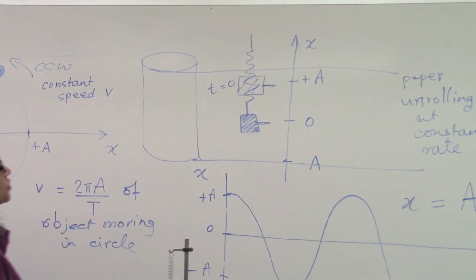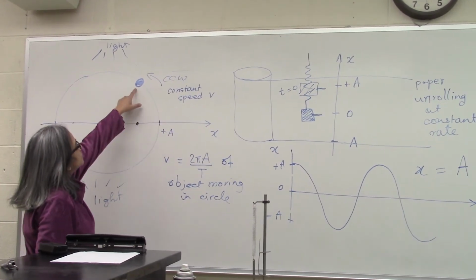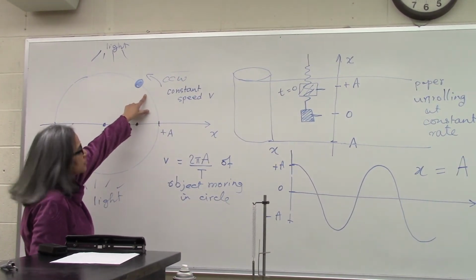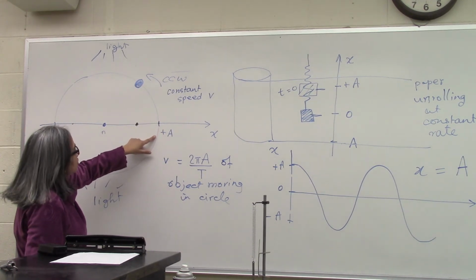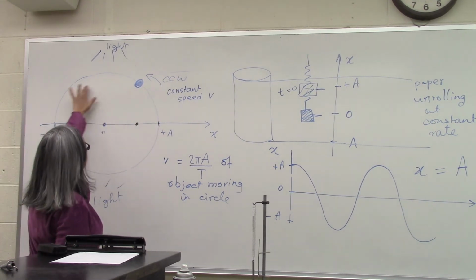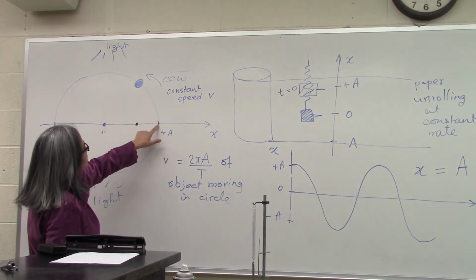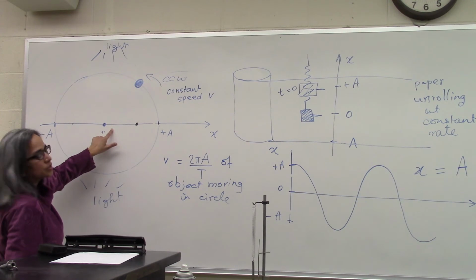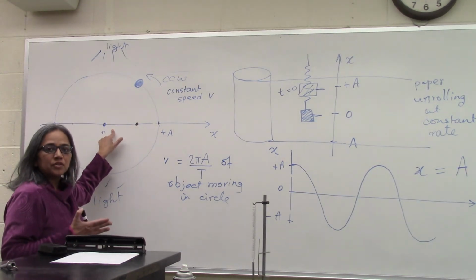That corresponds to this object moving in a circle being at plus A and then going this way. So the shadow looks like it's here and then moving back towards the origin. So it's important to establish that correspondence.